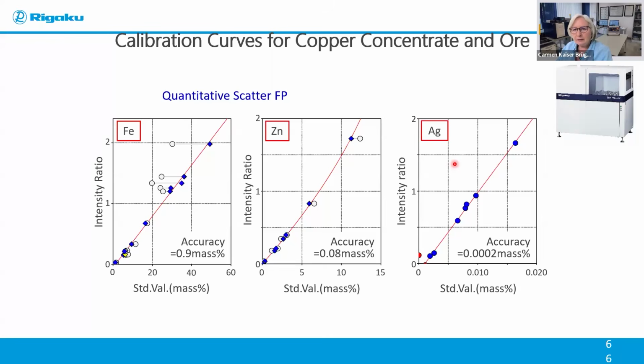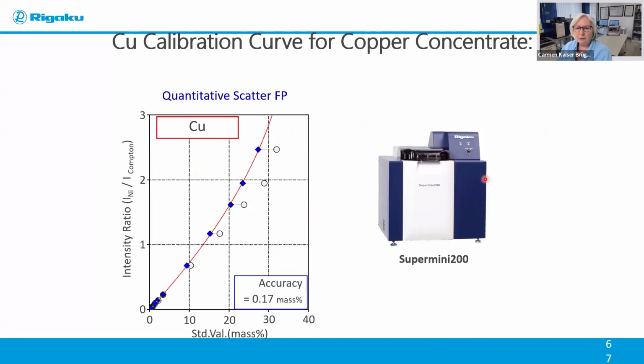Of course, the next example is just to show you that even our benchtop instrument, which is the Super Mini 200, also WDXRF, we can also achieve these kinds of methods even on this type of instrument.